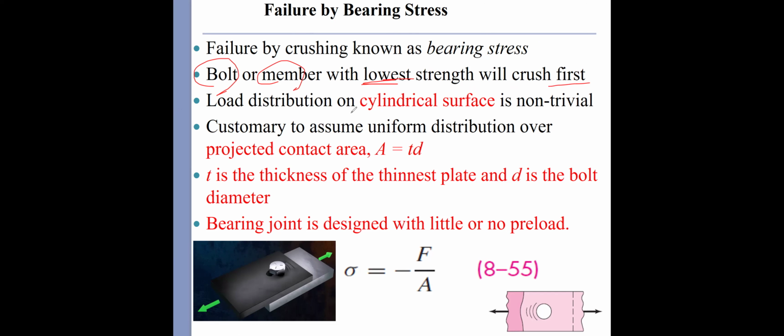Load distribution on a cylindrical surface is non-trivial, so it's customary to assume uniform distribution over the projected contact area, A equals t times d, where t is the thickness of the thinnest plate and d is the bolt diameter.